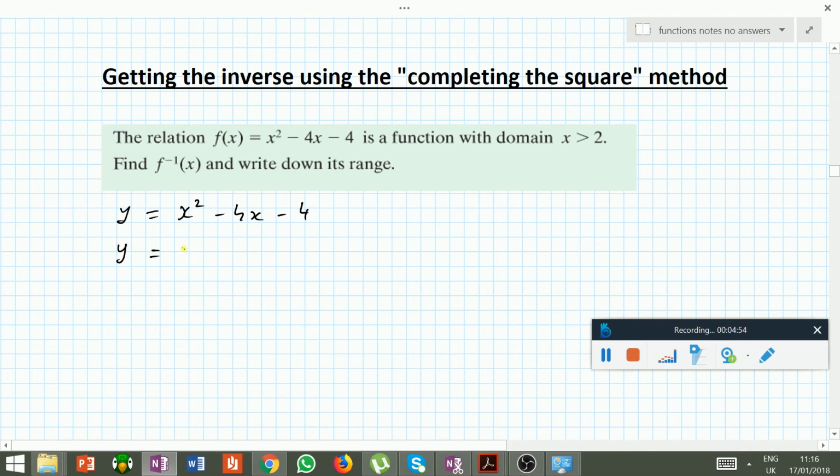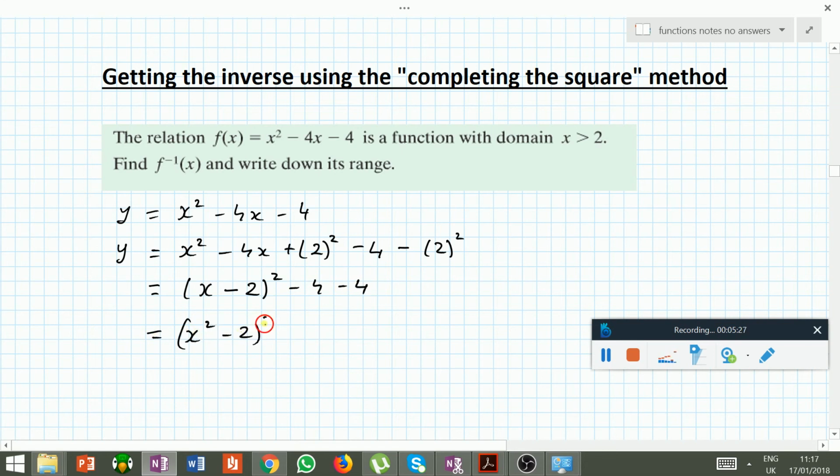Now to complete the square, we add half the coefficient of x, which would be 2, squared. Now we still have the minus 4, so we insert that. If we put in the 2 squared, we have to take it out again as well, just so the two lines will be equal. So you end up with (x minus 2) squared minus 8.